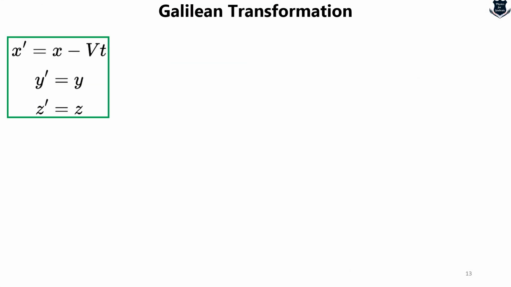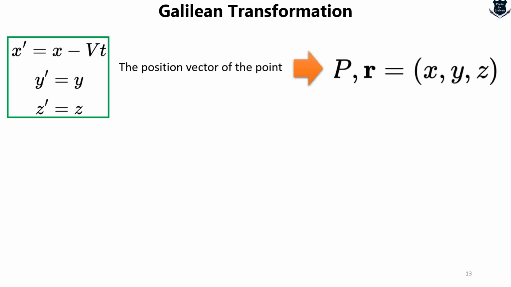Now all these equations that we see, the three equations on the left-hand corner, can be joined into one vector equation which uses the position vector of the point P, r as x, y and z.